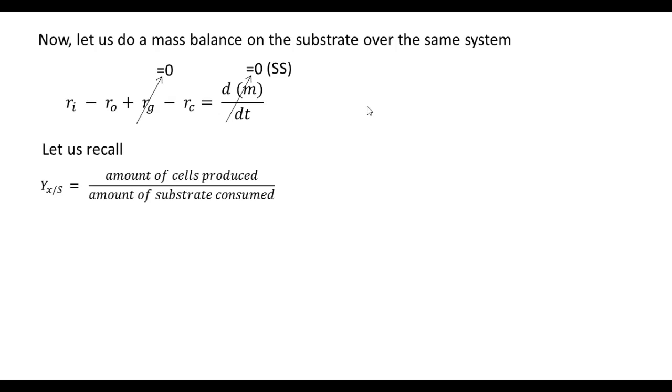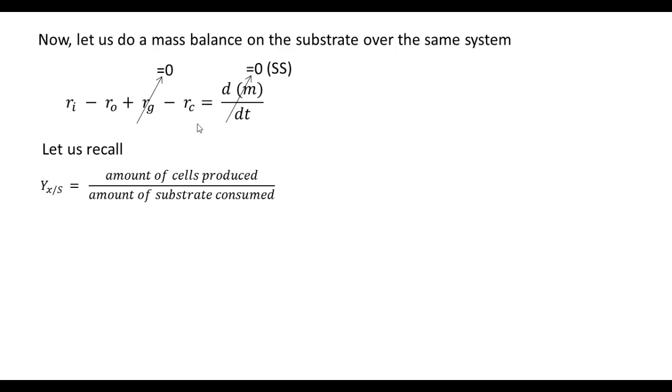Let us recall that Y x/s is the amount of cells produced divided by the amount of substrate consumed. Why are we doing this? The input and output terms are straightforward. The input rate we can write in terms of the flow rate and the substrate concentration in the feed, and the flow rate and the substrate concentration at the outlet.